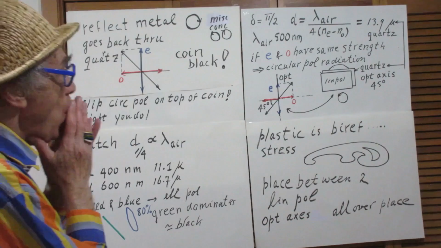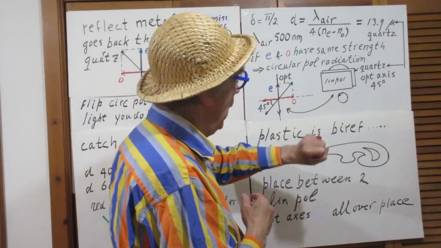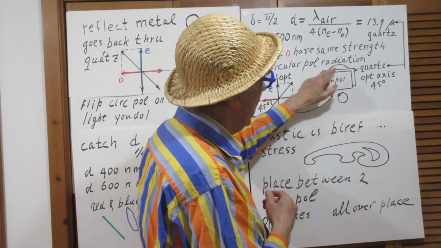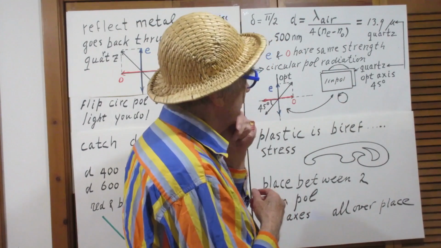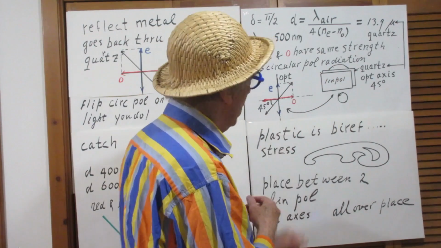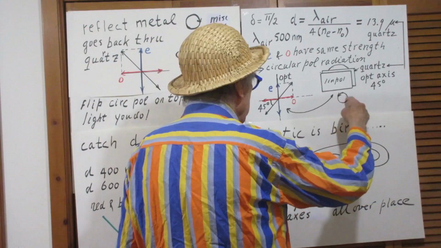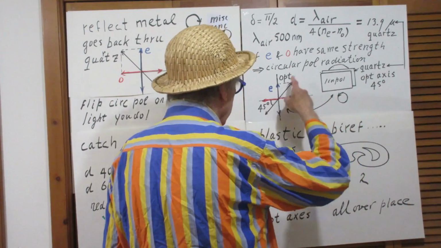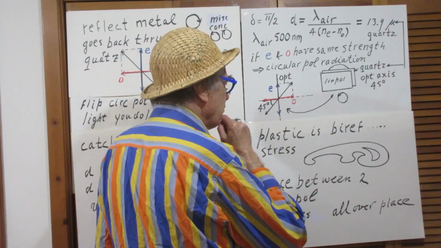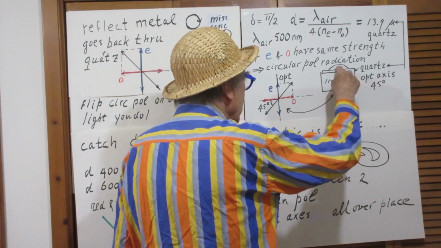So now we have circularly polarized light, which is produced by a linear polarizer and by the birefringent quarter wave plate, and the coin is behind it. So the circularly polarized light, which is in this direction, you can derive that from here, because of the 90 degree phase difference, now hits the metal coin.